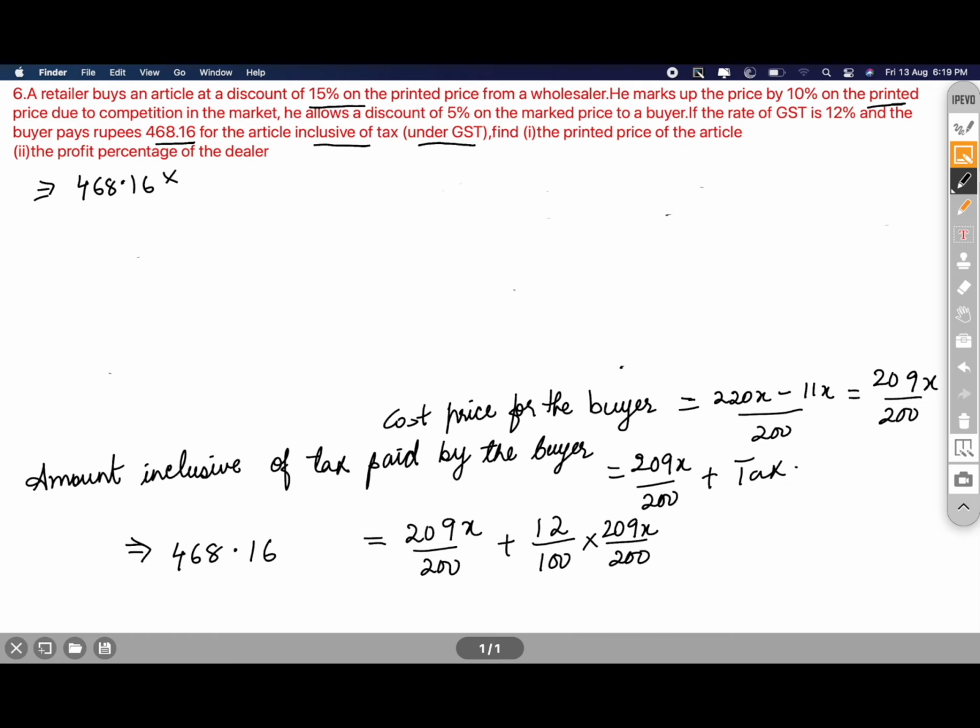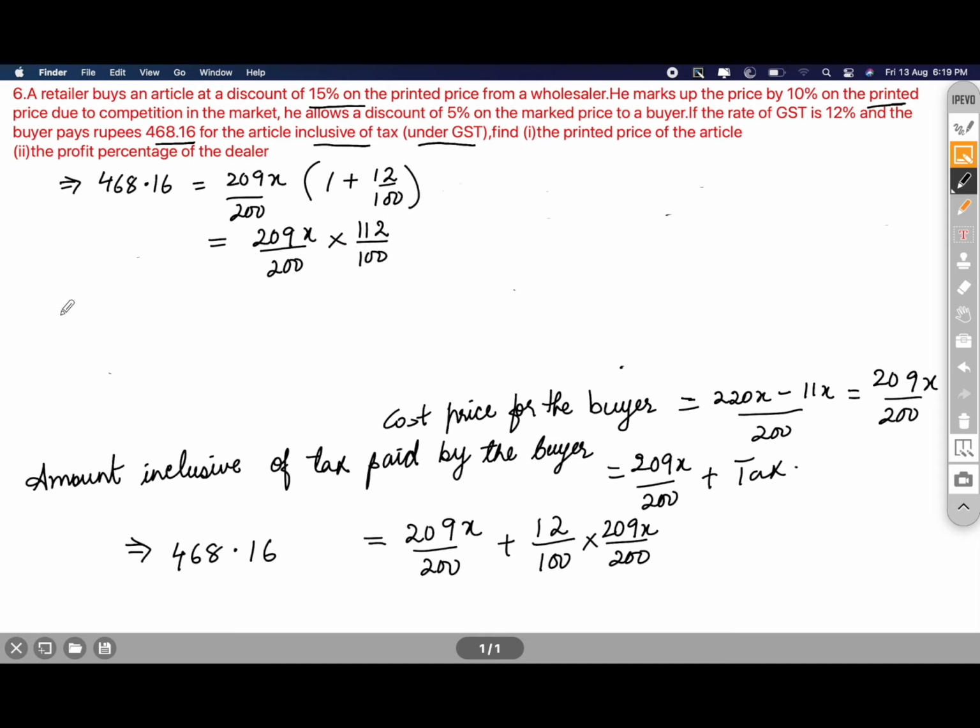Before I cross multiply, I have to simplify the right hand side a little bit. So this implies 468.16 equals 209x by 200, and within the bracket we are left with 1 plus 12 by 100. So this, when simplified, will give 209x by 200 into 112 by 100.